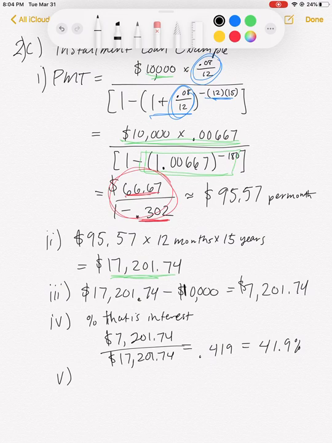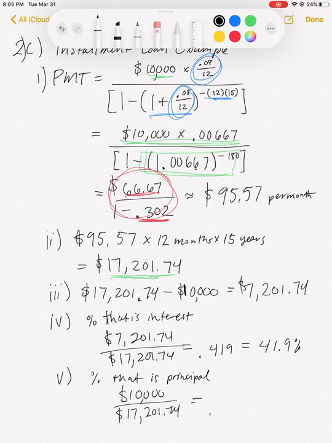Roman numeral 5 says what percentage of the total payment is principal. So we're doing the percent that is principal. Remember, the principal is the original amount, the amount that was owed, $10,000, divided by the total payment, which I have here on the bottom. When I divide that, I'll also get a decimal, 0.581, which is equal to 58.1%.